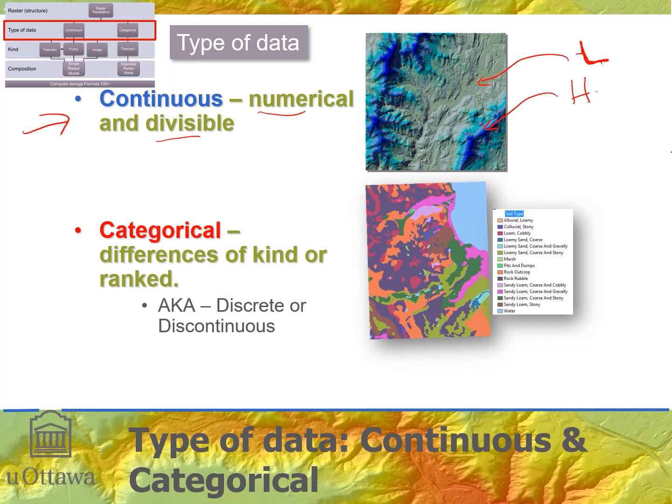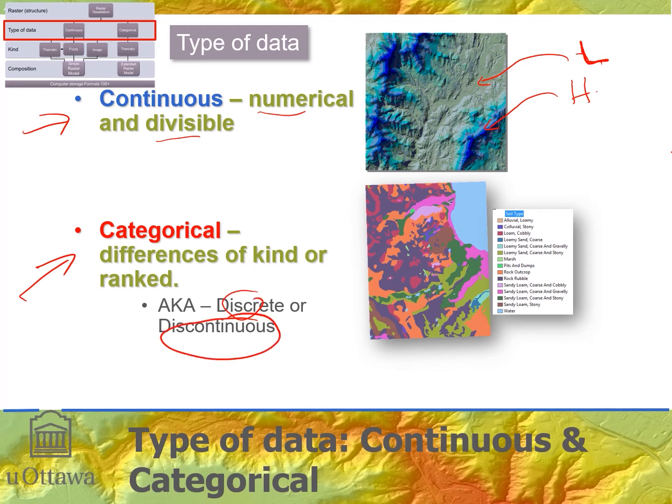Secondly, we have categorical data. In here, the cells also contain numbers, but the numbers themselves have no numeric meaning. They are simply codes to represent differences of some kind of thing that is observed in each cell of that raster. So this is also called discrete or discontinuous data.